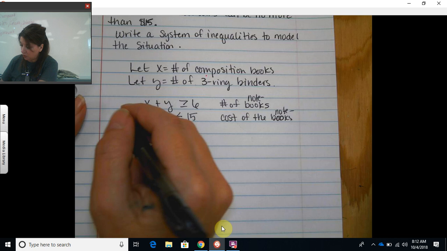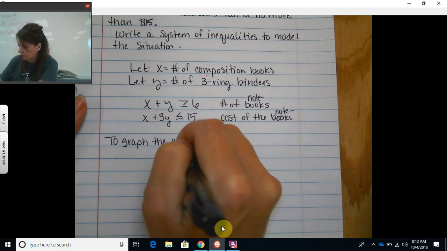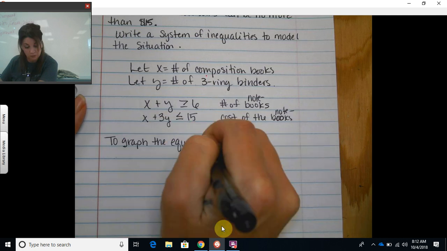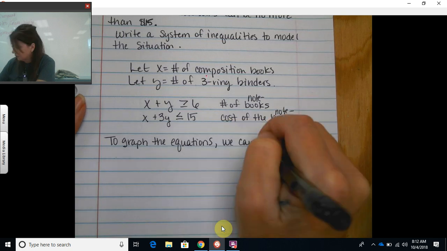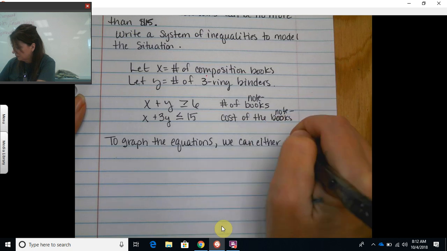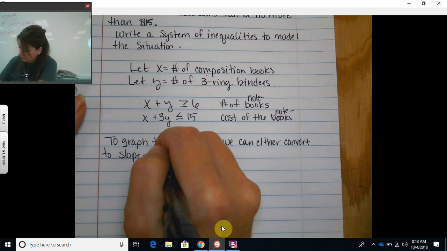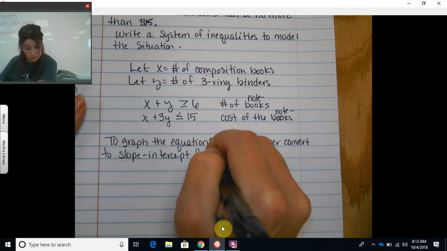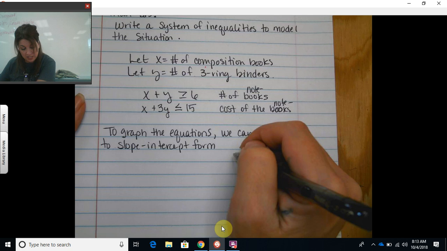So to graph the equations, we can either convert to slope-intercept form, or we can find the x and y intercepts and graph that way.